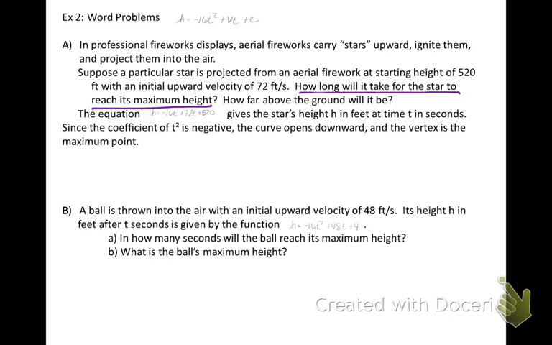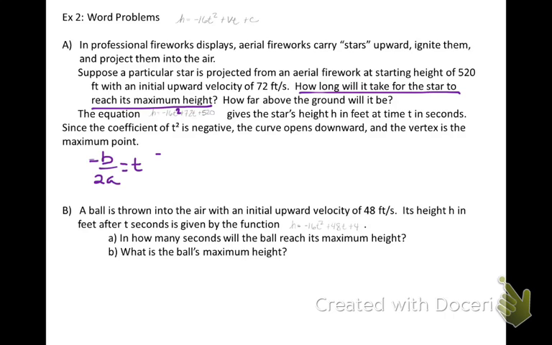So using the formula that we've been practicing, which would be negative b over 2a, that also will work to find our time. Usually it's x, but t took the place of x. Oh, and that's supposed to be t squared right there, because the equation negative 16t squared plus 72t plus 520 will be what we're going to use for our formula.